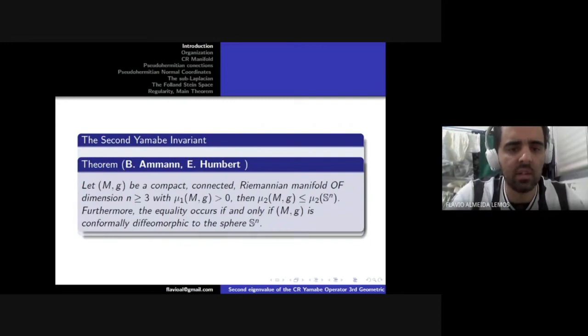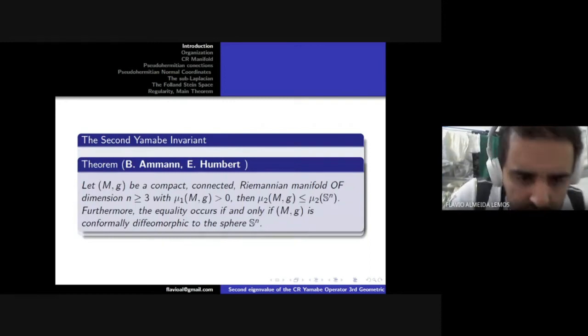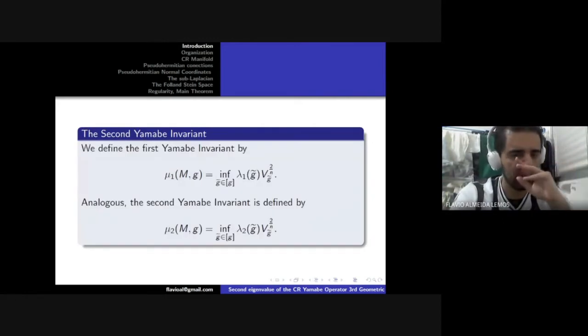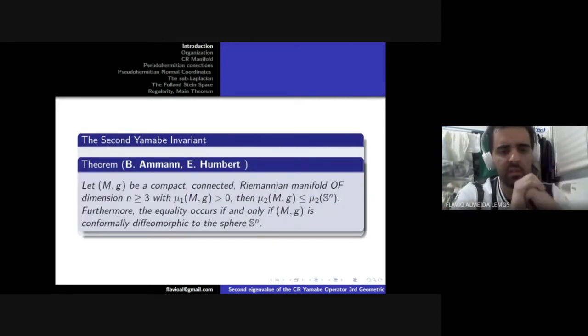Ammann and Humbert, after introducing this second Yamabe invariant, proved the following theorem. Let (M, g) be a compact connected Riemannian manifold with dimension n larger than 3, with the first Yamabe invariant positive.